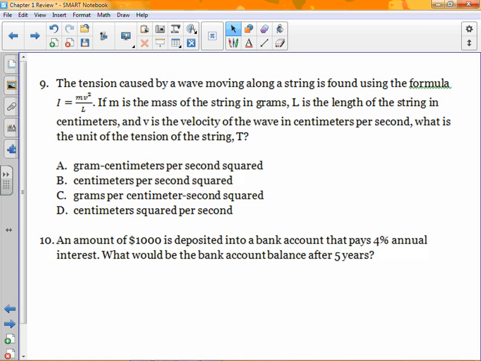The tension caused by a wave moving along a string. I noticed this formula here.